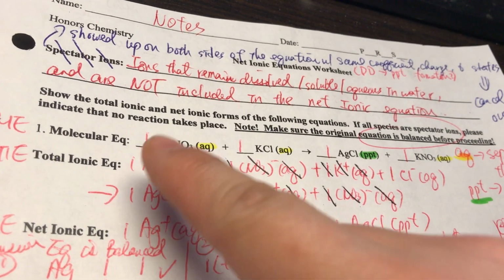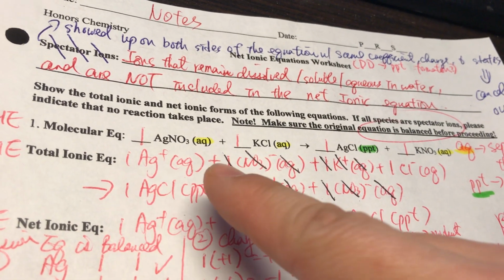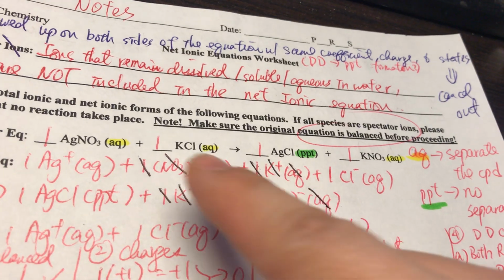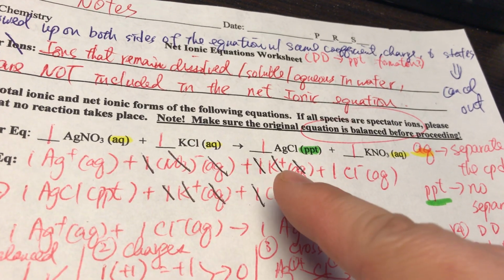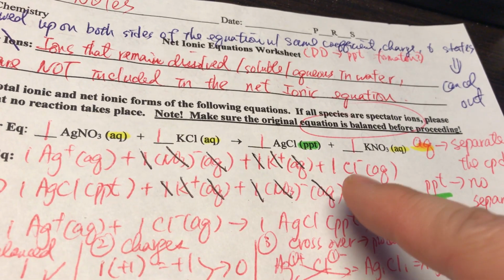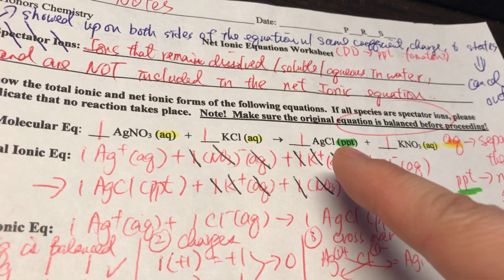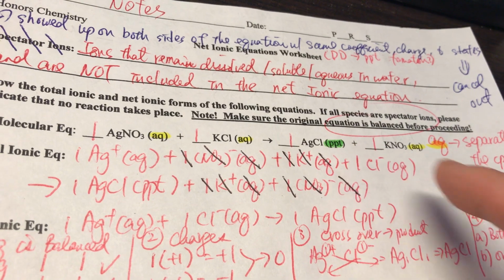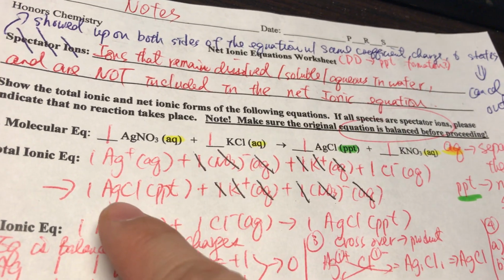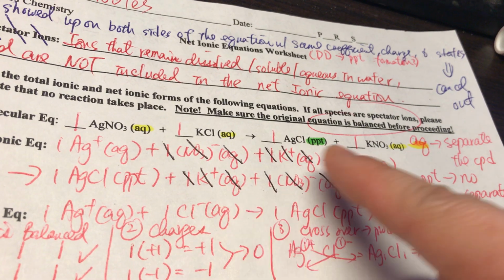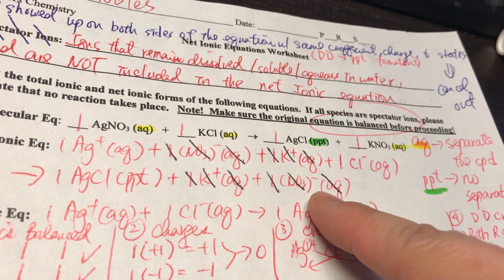So 1 Ag+ aq, and then 1 NO3- aq. And here I have 1 K+ aq, and then 1 Cl- aq. Arrow. Now, AgCl ppt has no separation, so I just copy it here. And then 1 K+ aq, and then 1 NO3- aq.